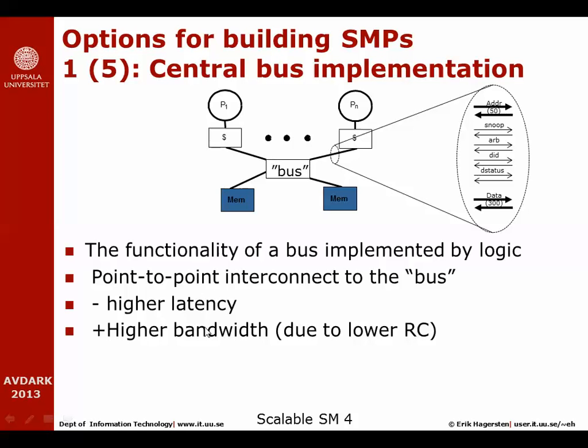High latency, but higher bandwidth as well, due to lower resistance and lower capacitance. Still, we're going to have the nice property of the trivial memory ordering, because this bus logic here is going to send the transactions one by one, so there will still be a defined order between those transactions.